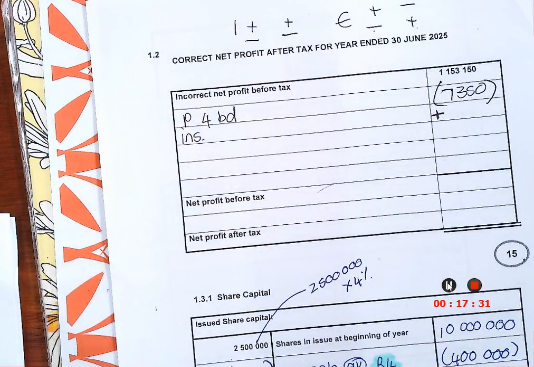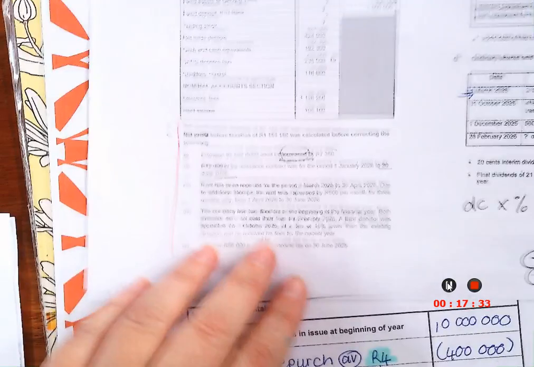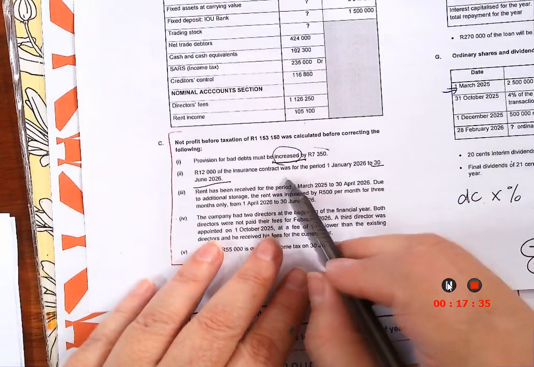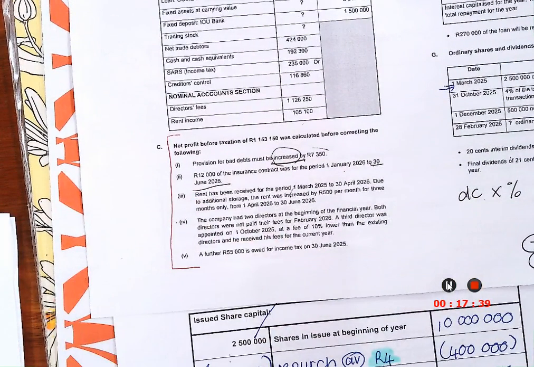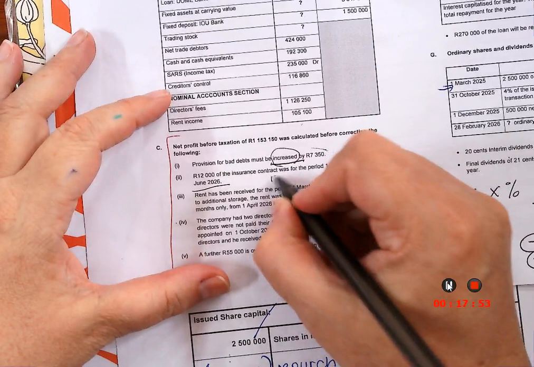Yes. So now they say insurance for the period January to June. Can you see? January, February, March, April, May, June. 6 months. So this is not a 12 month, it's 6 months. That's a catch. So I take the 12,000.